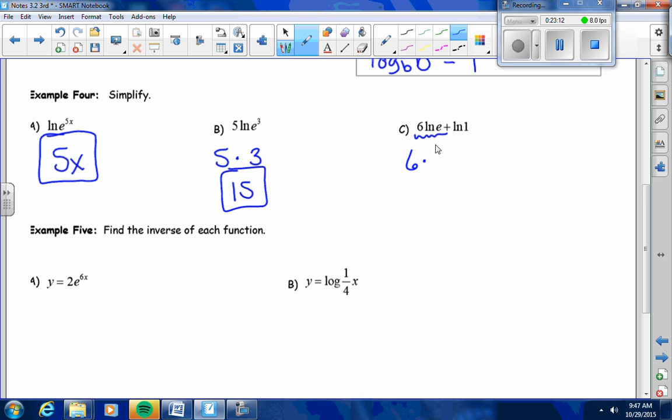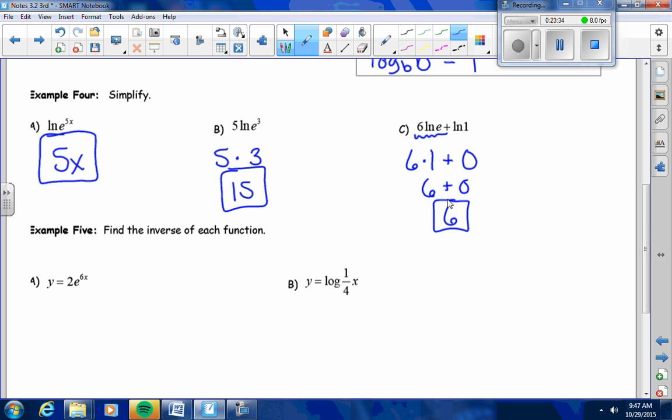That's 6 times, what is natural log of e? 1 plus, what is natural log of 1? 0. 6 times 1 is 6 plus 0 equals 6. Okay, so do you see how those work?